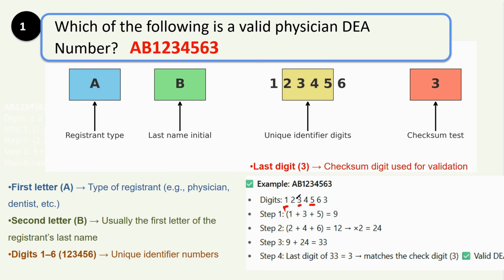From the unique identifier 1 to 6, you take 1, 3, 5 first, and if you add these, the total is 9.